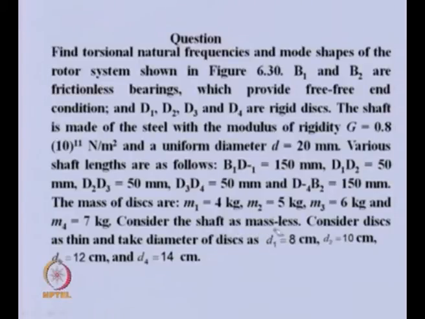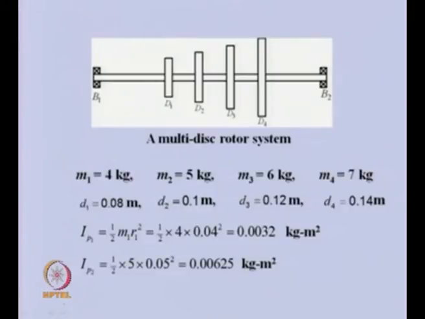Here we are considering thin discs, so we can obtain the polar moment of inertia of the disc using this information. All the geometrical, mass and distance data of the discs are provided here, even the modulus of rigidity is given. So, we can use this to obtain the polar moment of inertia of the various discs.